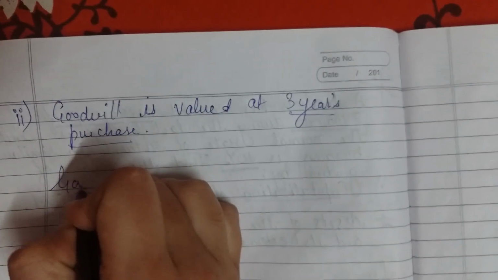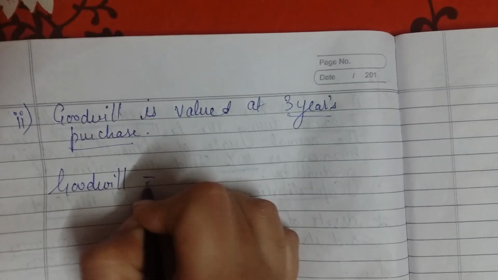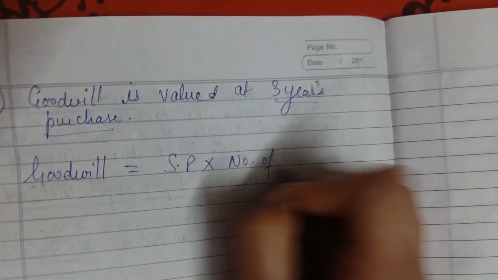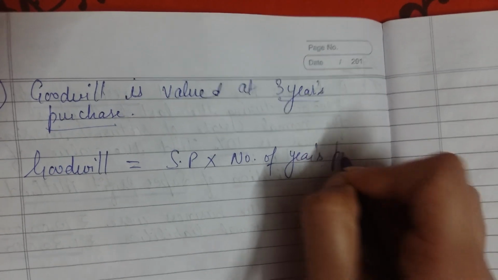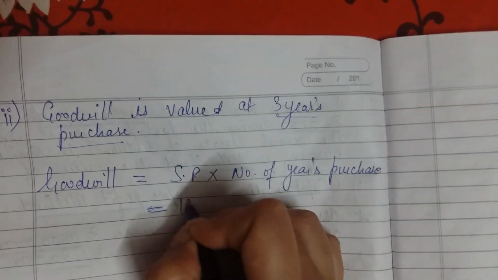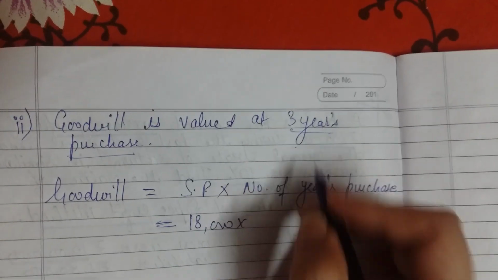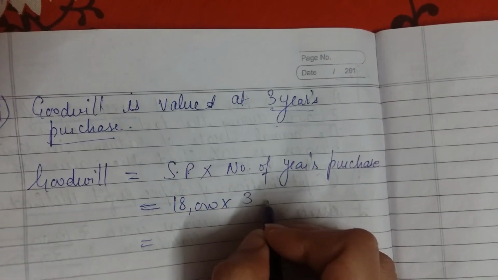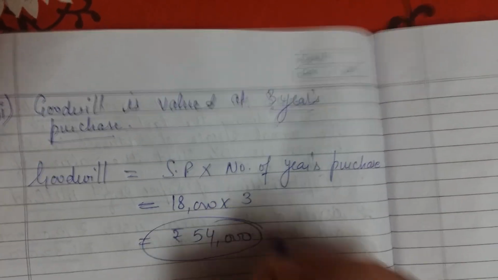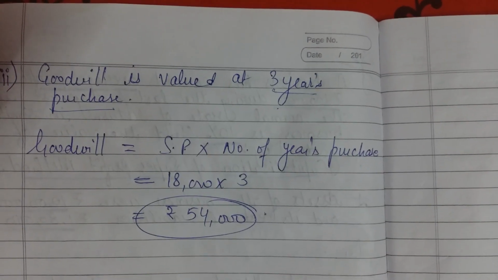So the goodwill is equal to super profits into number of years purchase. Super profits were 18,000 and your number of years are 3. 18,000 into 3, and according to this your goodwill is 54,000.